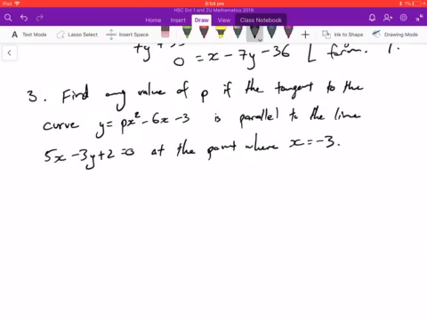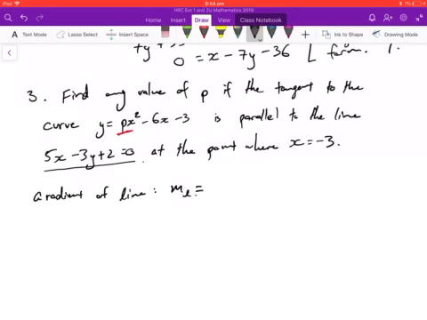So here we've got an unknown part of our expression, this is p. We need to make sure that whatever gradient I end up with matches the gradient of this line. So that's the first thing to ask: the gradient of the line, let's call it ML.